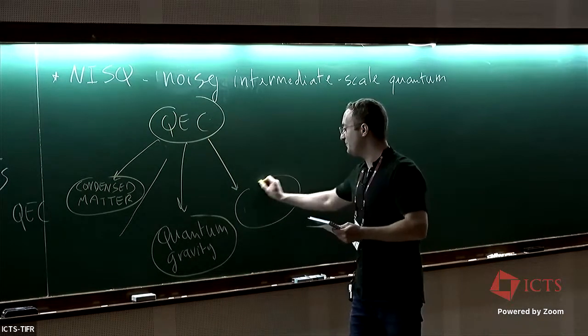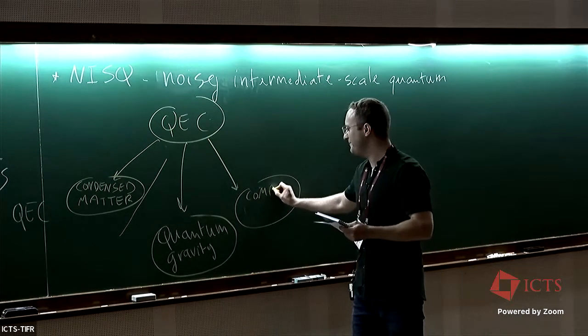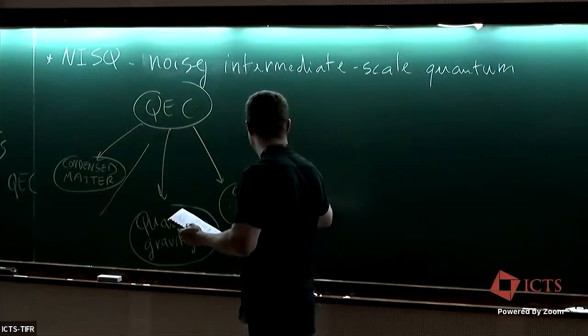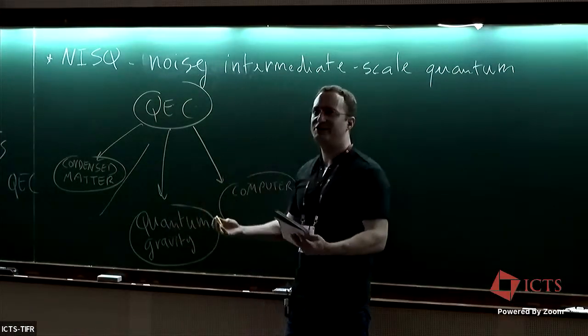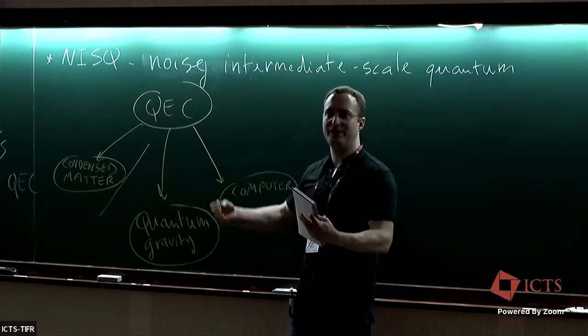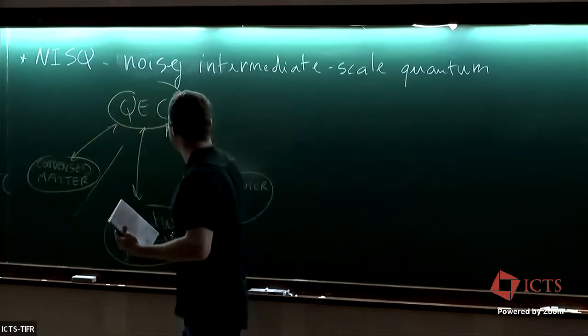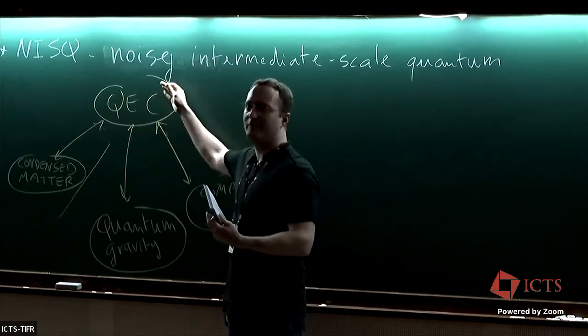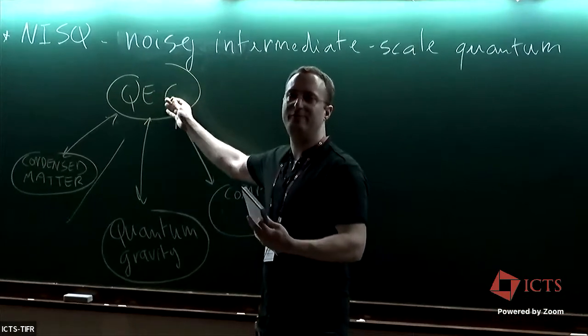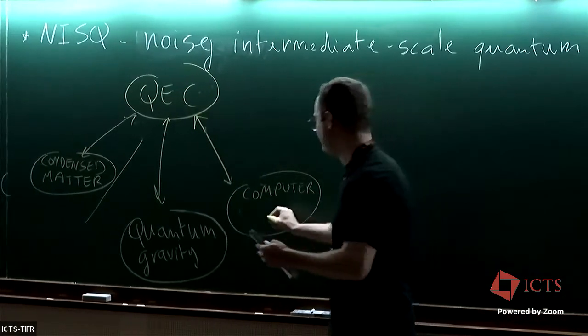Then, of course, computer science, but not in the sense of algorithms necessarily. There are very deep relationships between quantum complexity theory and quantum error correction, and these arrows go both ways. So, from insights in quantum error correction, people have proved things about fundamental computer science.